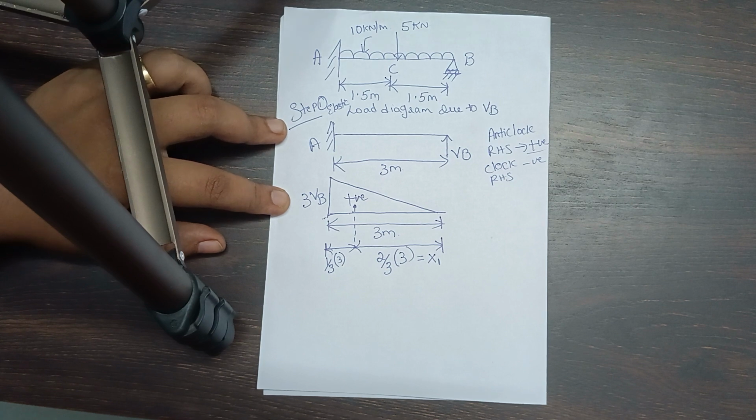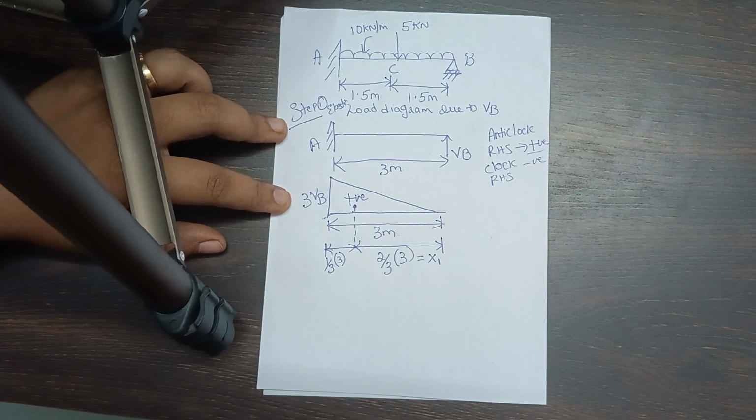Now next, taking the loaded cases. I am going to consider the different loaded cases. There are two loads here. You can observe one is the UDL of 10 kilonewton per meter, and another is the concentrated load of 5 kilonewton, which is a center concentrated load.